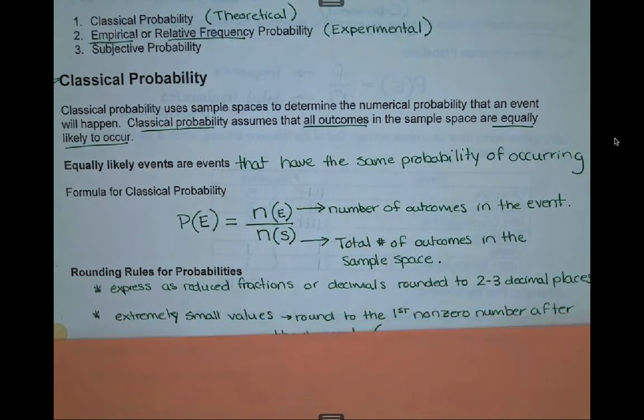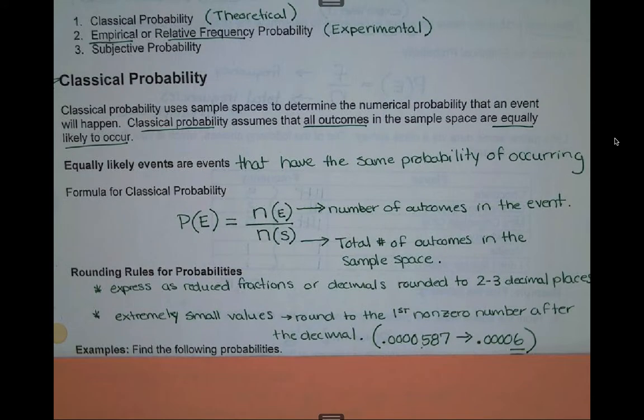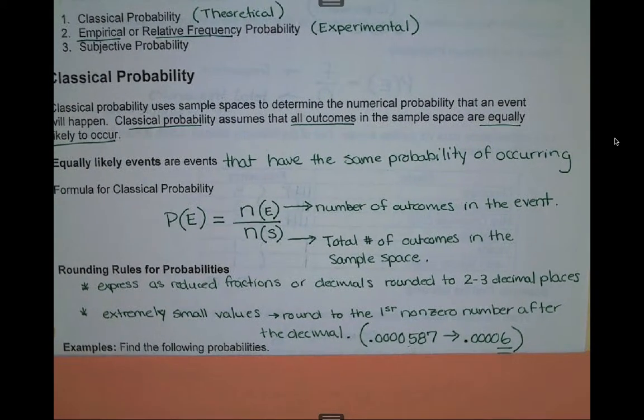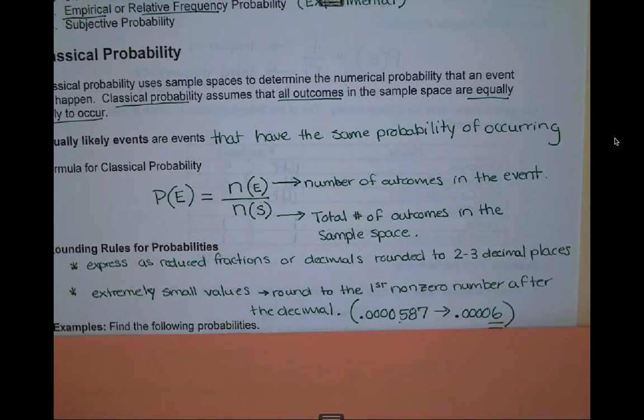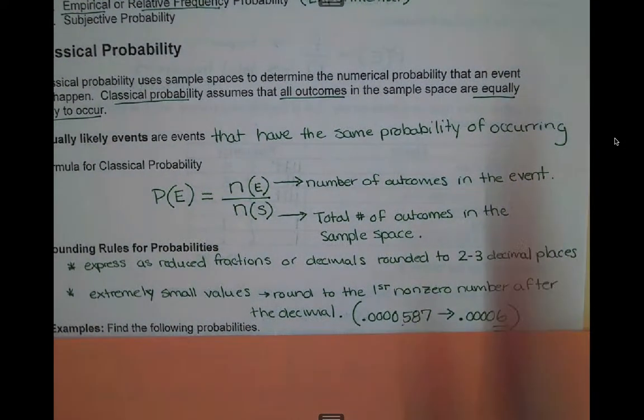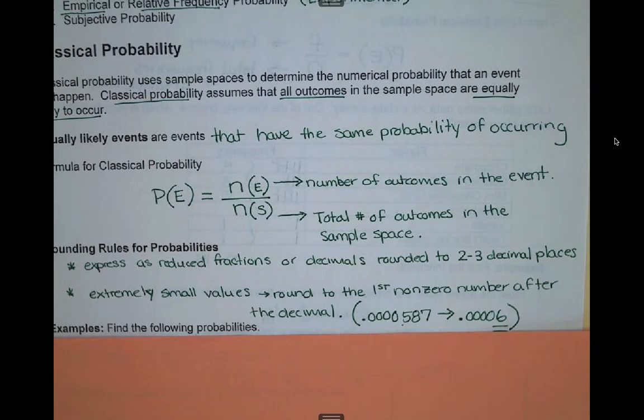There are some rounding rules for probability as well. You do want to make sure you get these down and we follow them. I'm going to move on past them, so you could pause the video at this point and write them down and then unpause when you're ready to go again.